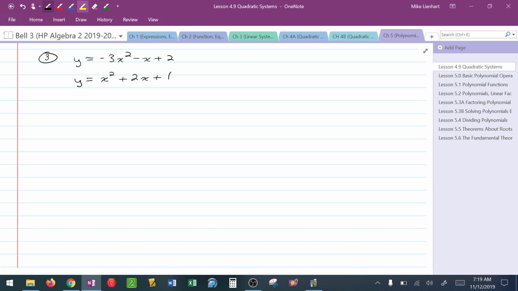Here's the beauty. I, again, don't have to learn a new technique. I'm going to substitute this quadratic into the first equation in place of y. So that will leave me with x squared plus 2x plus 1 equals negative 3x squared minus x plus 2.